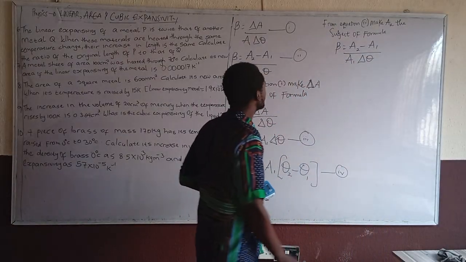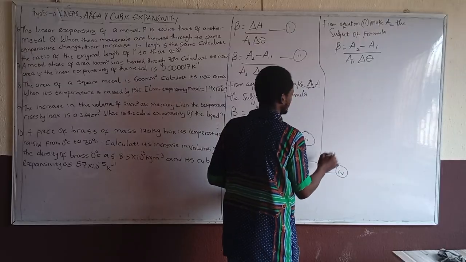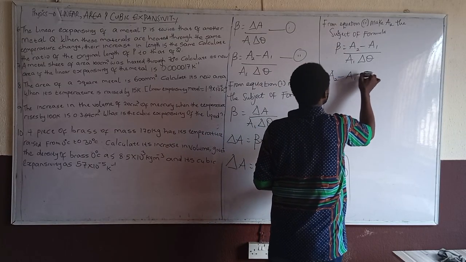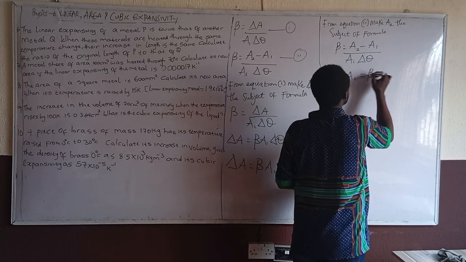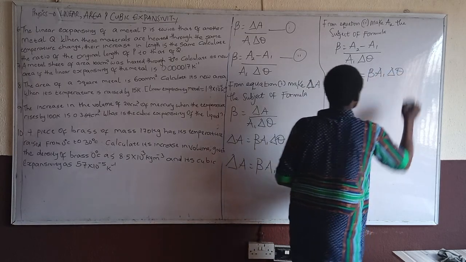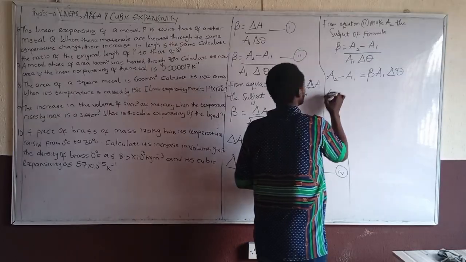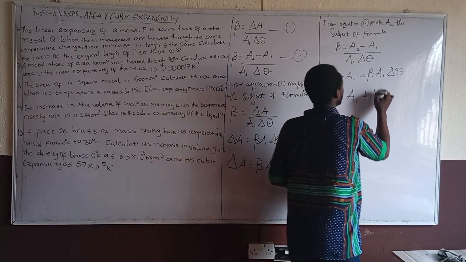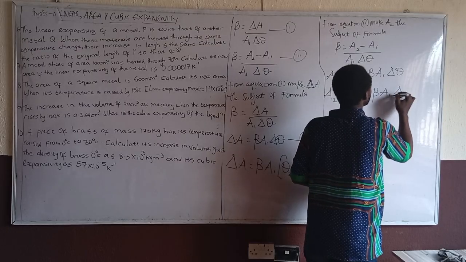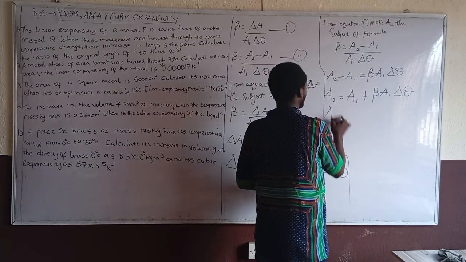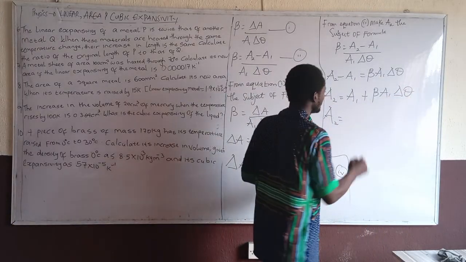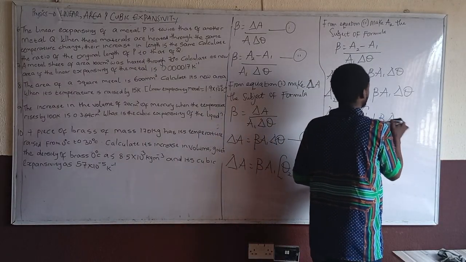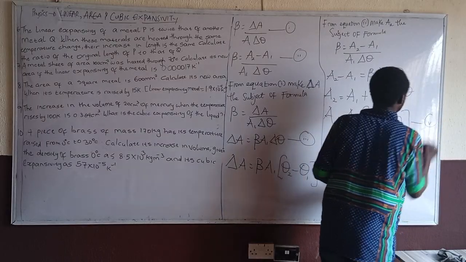Now if I make A2 the subject of formula, it becomes A2 minus A1 equals beta A1 delta theta. Here becomes A2 equals A1 plus beta A1 delta theta. A1 is common. Here becomes A1, I have 1 plus beta delta theta, equation 5.